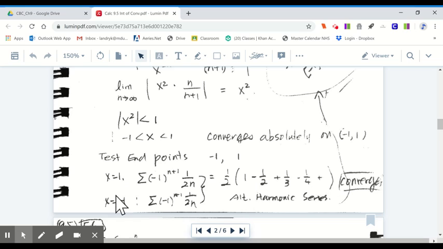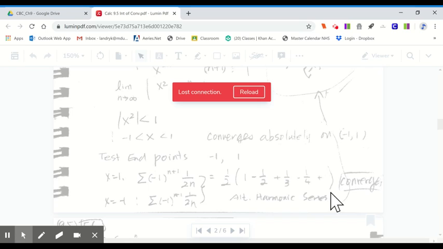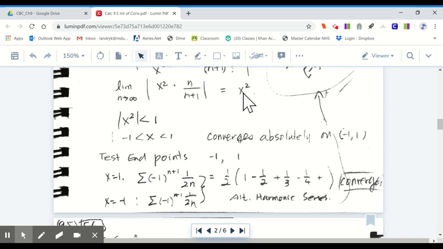And also, when you plug in x equals -1, you basically get the same series, different looking, but it's an alternating harmonic series, which also converges conditionally. So you say, in this case, it converges absolutely on the open interval -1 and 1, and converges conditionally at -1 and 1.